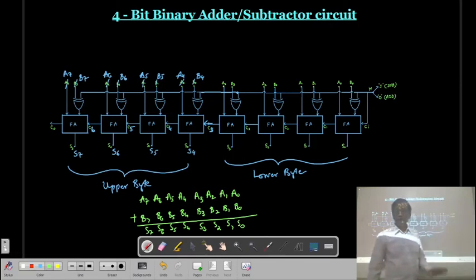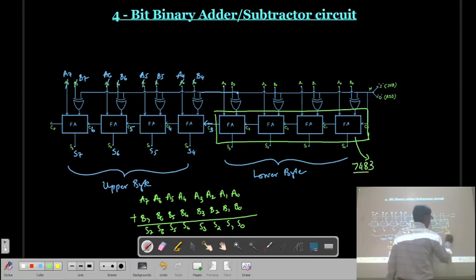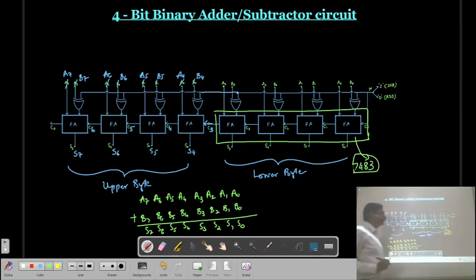Here, in this 4-bit block, we have 4 full adder circuits. Remember. And for that this IC is available, which is the 7483. The TTL IC 7483 has a 4-bit binary number and 4 full adder circuits.